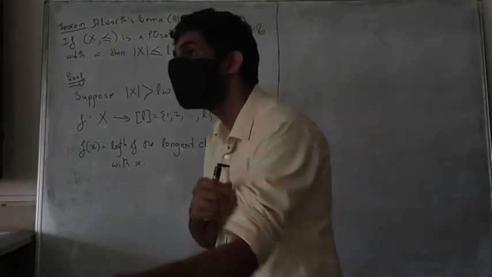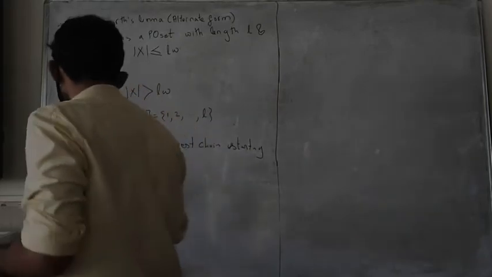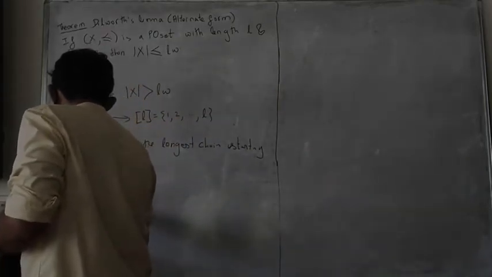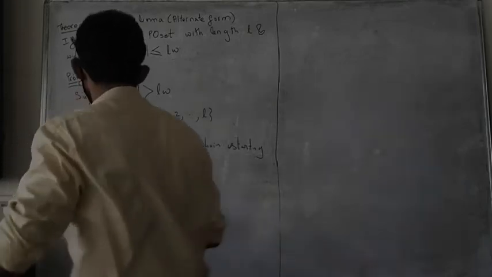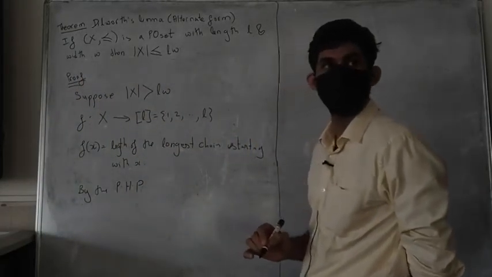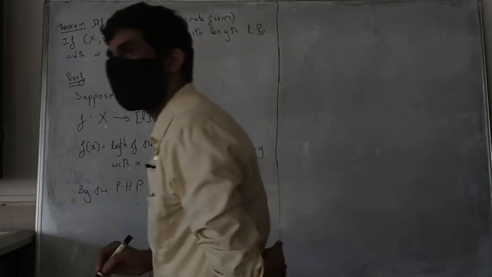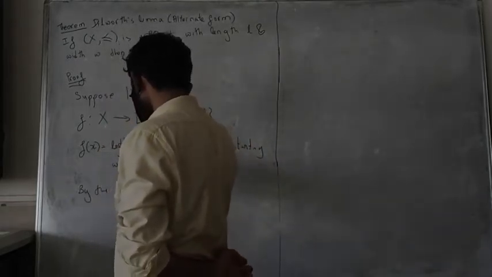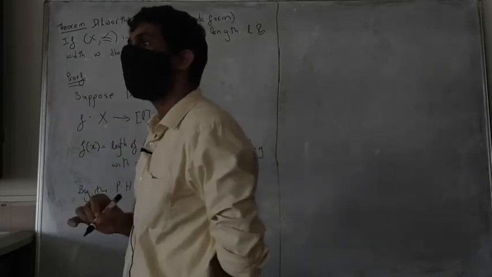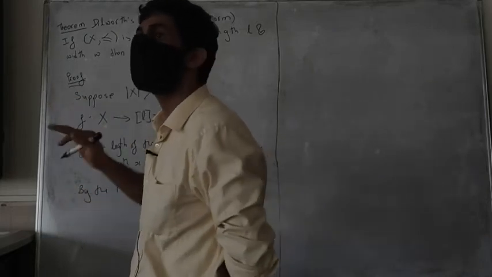So by the pigeonhole principle, there will be some pullback of size W plus 1.